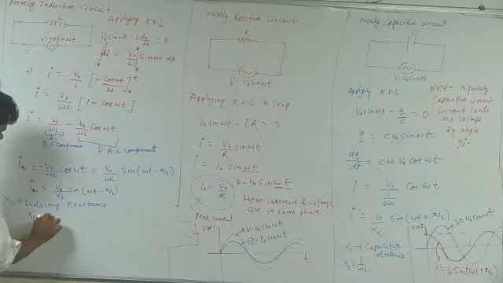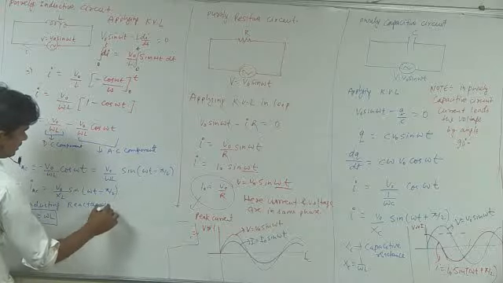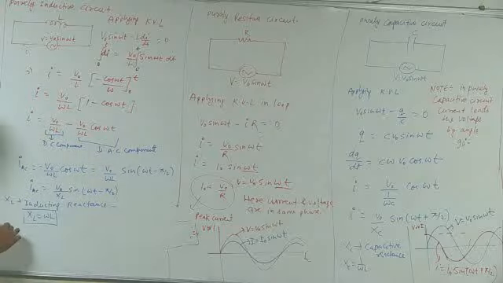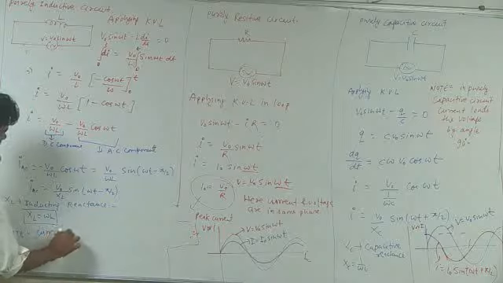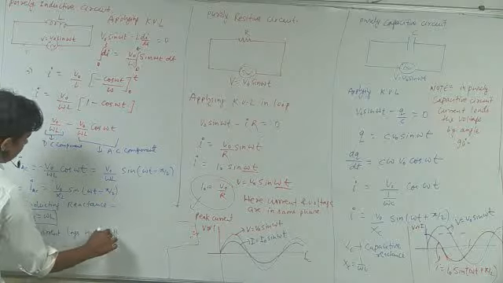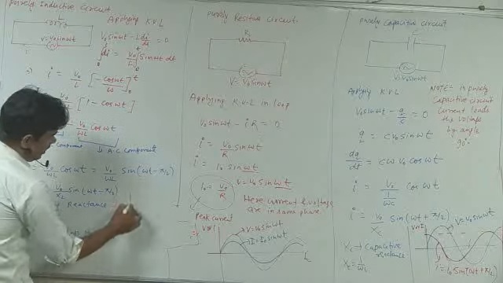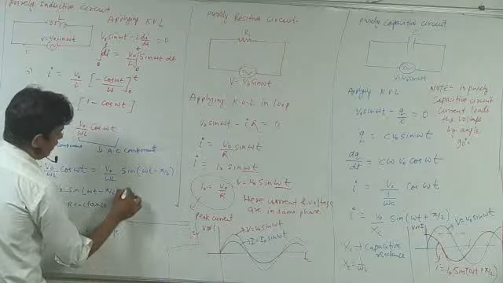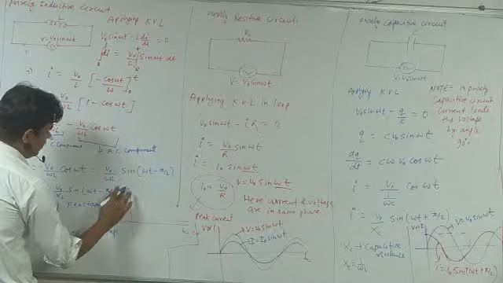That is omega times L. And here what we understand is that current leads or lags? Current lags the voltage by how much? By 90 degrees.